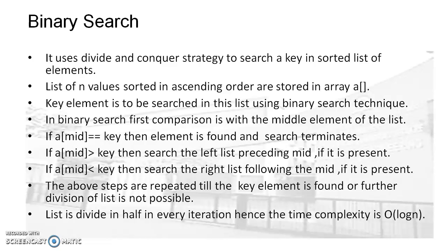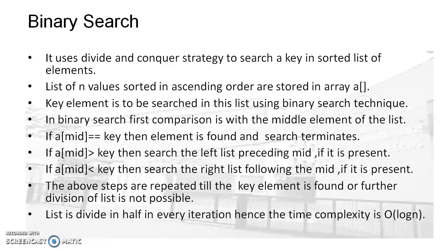If the key is found at the mid position, then the search terminates. But if it is not present at the mid position, then the key is compared to check whether it is less than or greater than the element present at the mid position.